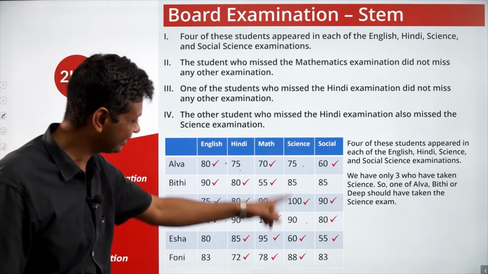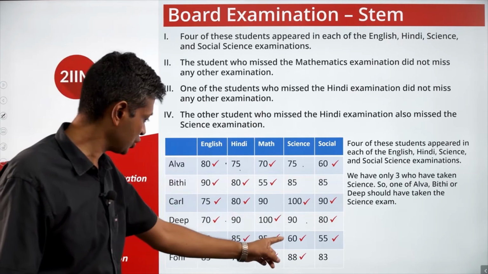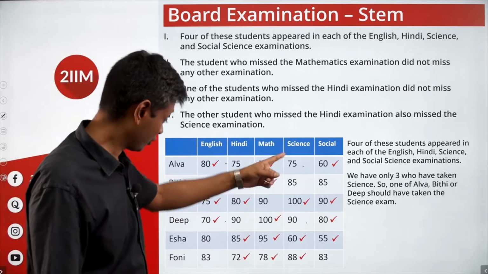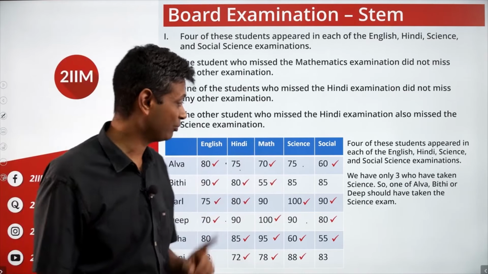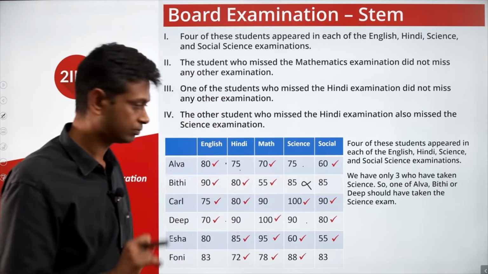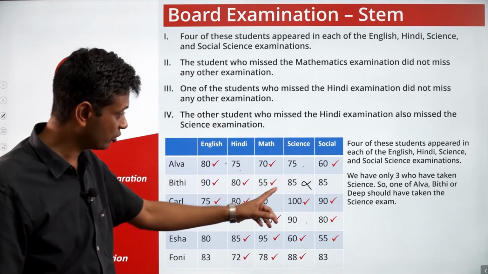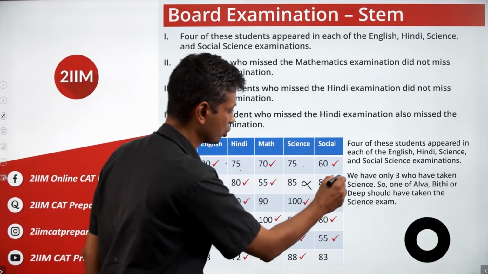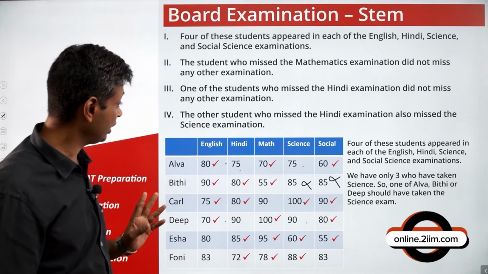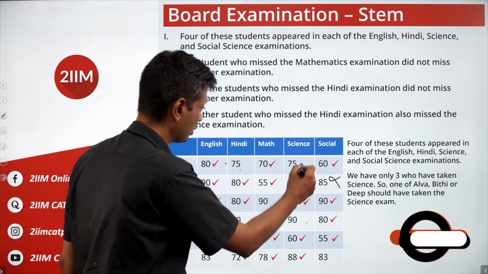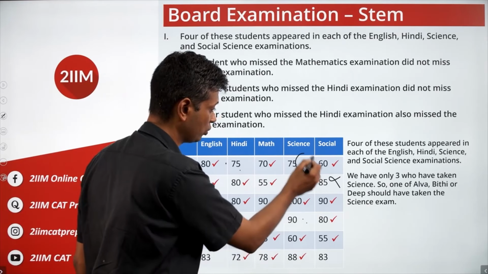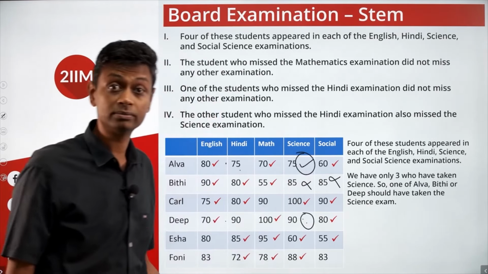So for science, Carl, Isha and Fani attended the science exam. One of Alva and Deep attended the science exam. That means Biti missed the science exam. Biti missed science. Biti also missed social. Biti also attended only 3 exams. Final possibility, either Alva could have attended science or Deep could have attended science. One of these two is still open.